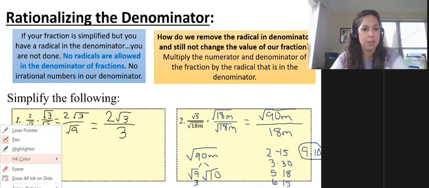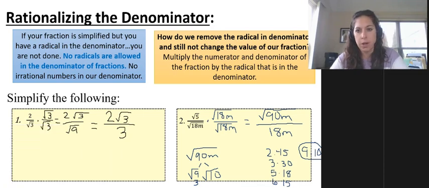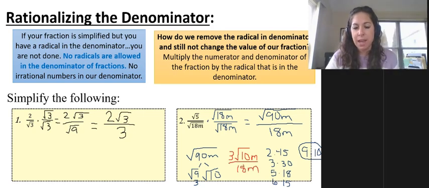So my final answer here, I'm sorry I'm kind of going everywhere, is in my numerator, I'm going to have 3 and then square root 10m. Don't forget that m that we had under there, all over 18m. Lastly, the 3 and the 18 can be reduced because they're not under the square root.